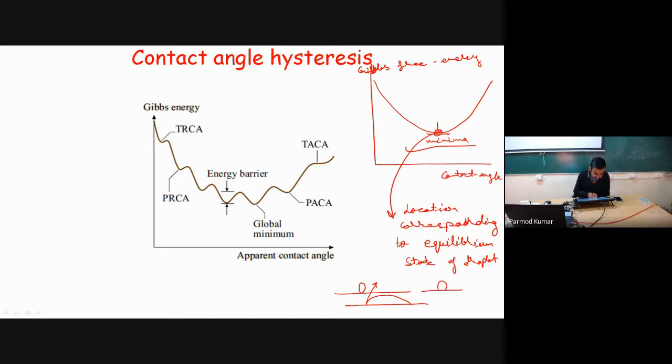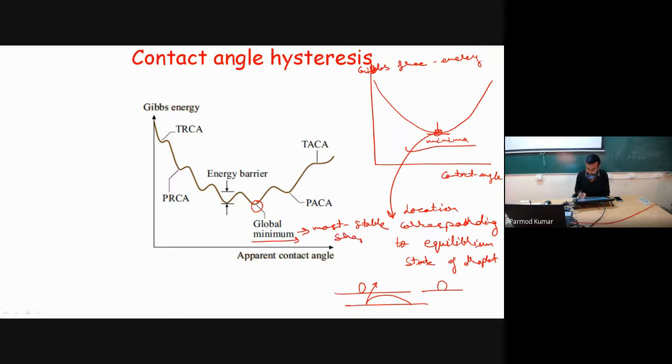Whereas, if we see the Gibbs free energy curve on a real surface, due to the surface perturbations or irregularities, we will have a number of minima, and we will have one global minimum. This global minimum corresponds to the most stable shape of the droplet.